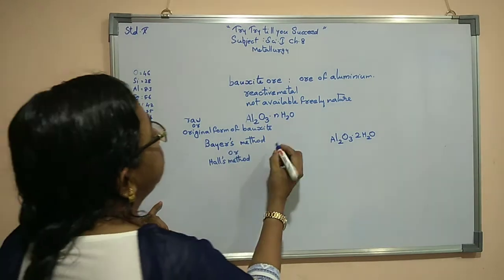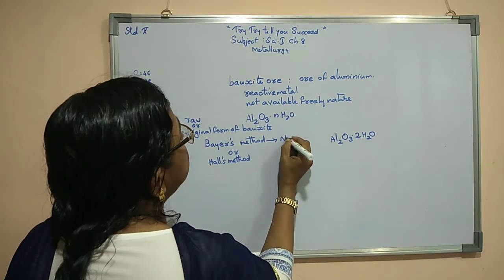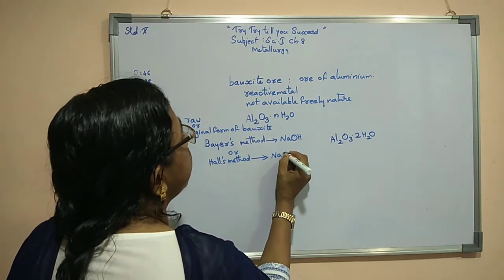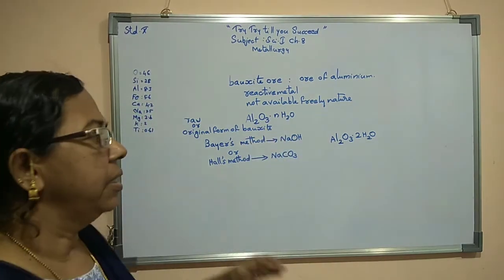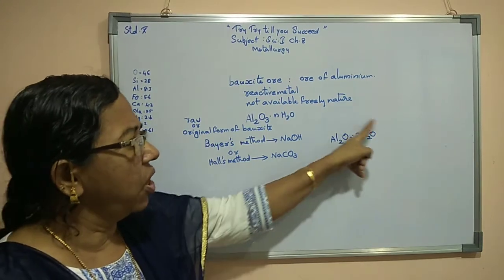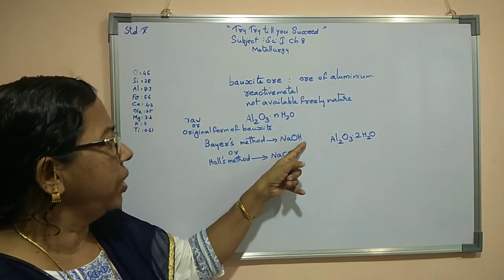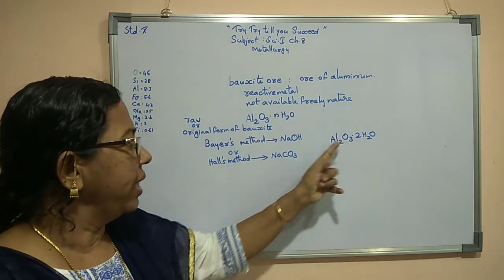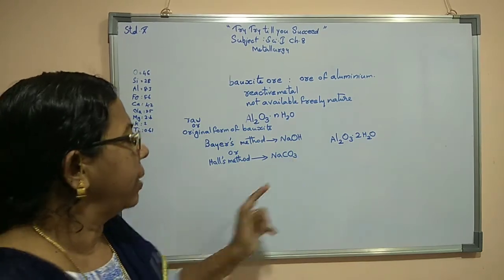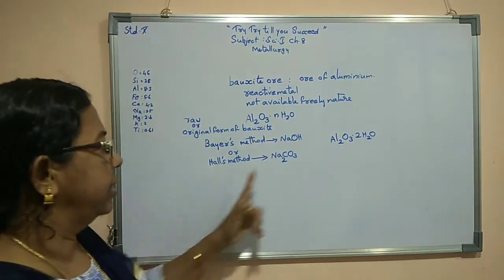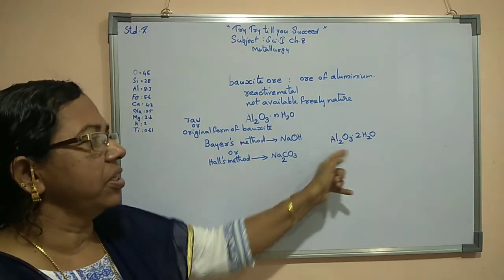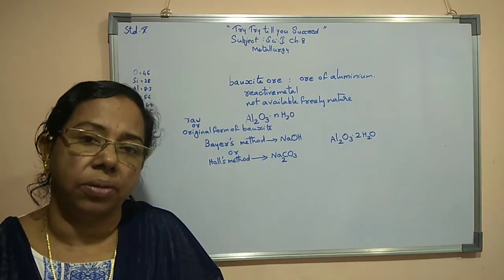Now in Bayer's process we are using sodium hydroxide. In Hall's method we are using sodium carbonate, Na2CO3, for dissolving bauxite ore.